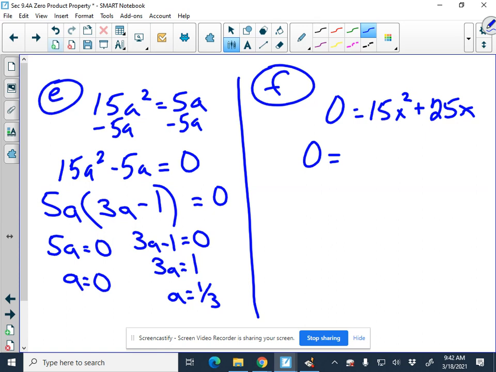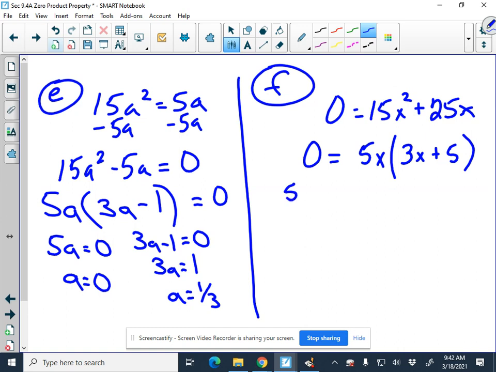What number did you bring out? 5, and x. Then in here is 3x plus 5. Okay. If you got that, you got the correct first step, because 5 goes into both of them.